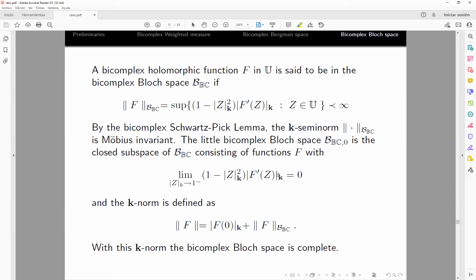The little Bloch space is defined if this vanishes on the boundary. And we can also define some norm in this space, given in this form. We add the value of f at 0. We call this the Bloch norm, but of course it's necessary to see each component. And with this norm, the bicomplex Bloch space is complete.